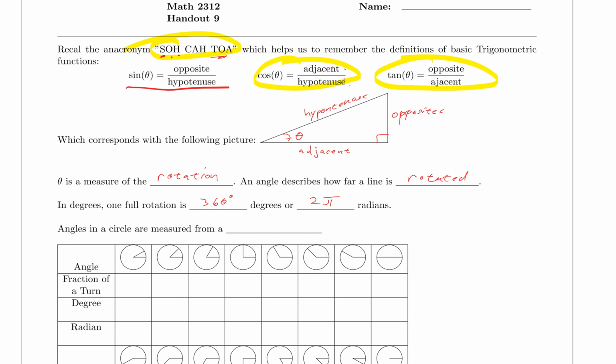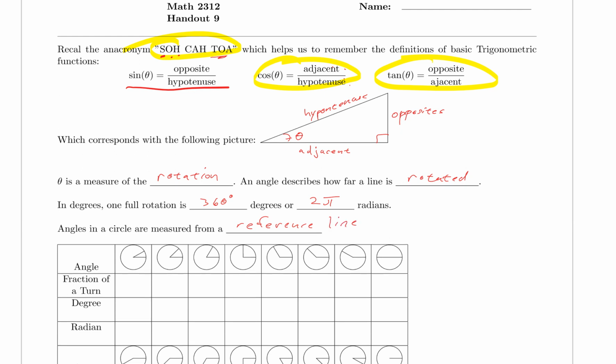Now, angles in a circle are measured from a reference angle, or reference line.